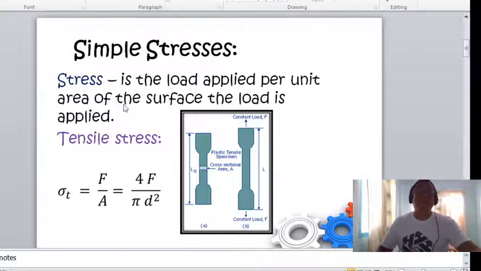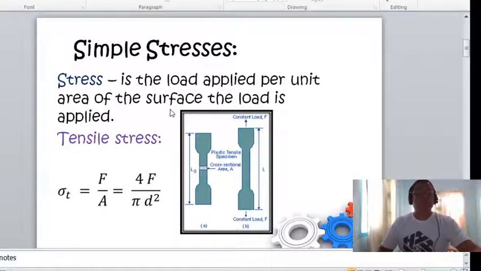The tendency of the material under this load is to have a certain elongation, because the fiber of this material is stretched to a certain level.